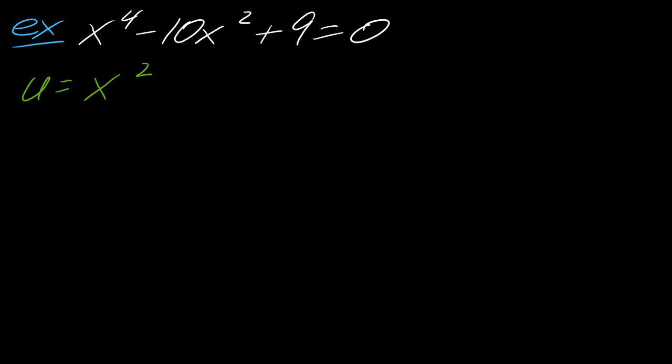Then we ask the question, what would happen if I were to square u? That would be the same as squaring x squared. How do I simplify these exponents? x squared squared is x to the 4th.